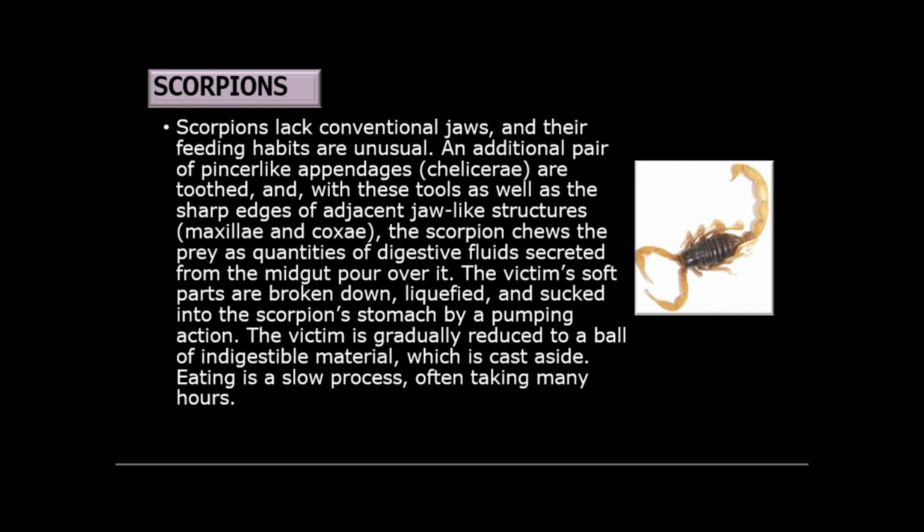The victim's soft parts are broken down, liquefied, and sucked into the scorpion's stomach by a pumping action. The victim is gradually reduced to a ball of indigestible material which is cast aside. Eating is a slow process, often taking many hours.